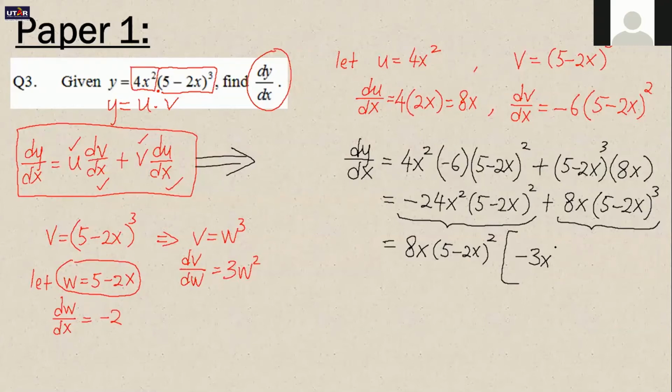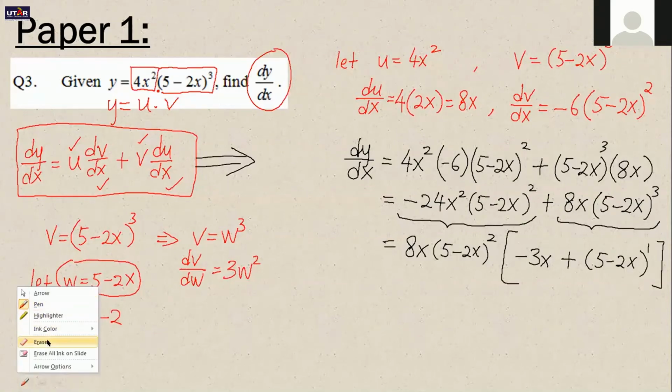Then we go for the second term. 8x, factorized already, no more. 5 minus 2x power 3, factorize power 2, we remain power 1. Of course, power 1, you no need to write the power 1. Just put 5 minus 2x will be okay.